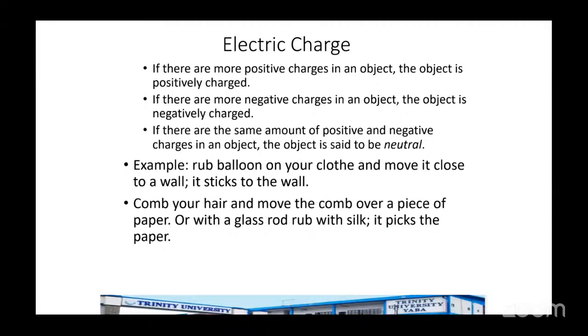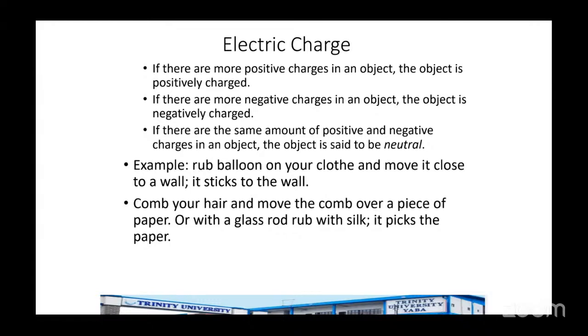If there are more positive charges in an object, the object is positively charged. If there are more negative charges, the object is negatively charged. If we have the same amount of positive and negative charges in an object, the object is neutral. So note that, very important.